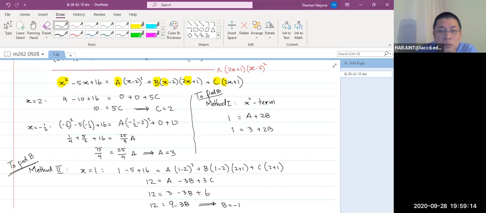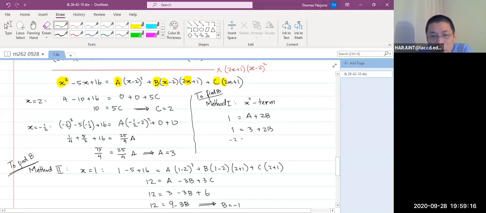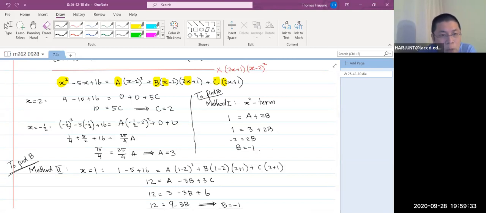Duh. Okay, so it's even easier, huh? So b is negative 1, the same result as what we got in method 2. So in the long run, it's about the combination of method 1 and method 2, whichever you feel more comfortable to play with.